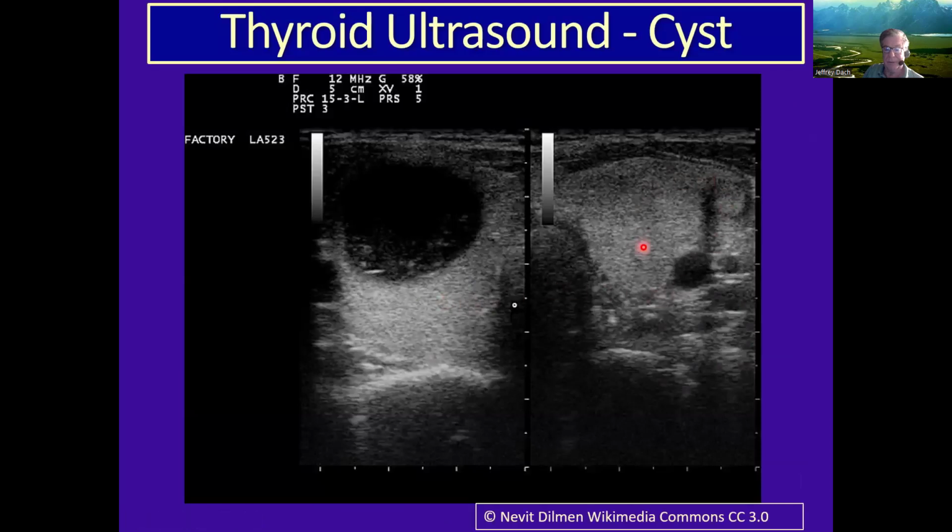Ultrasound of the thyroid is also useful, showing here's the right lobe, here's the left lobe, with normal tissue, vascular bundle, and then a very large cyst with very few echoes in the back, no echogenicity in most of the cyst, indicating fluid.